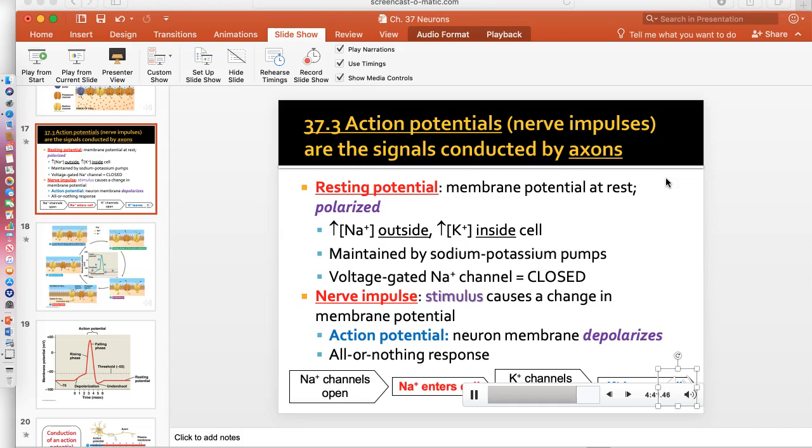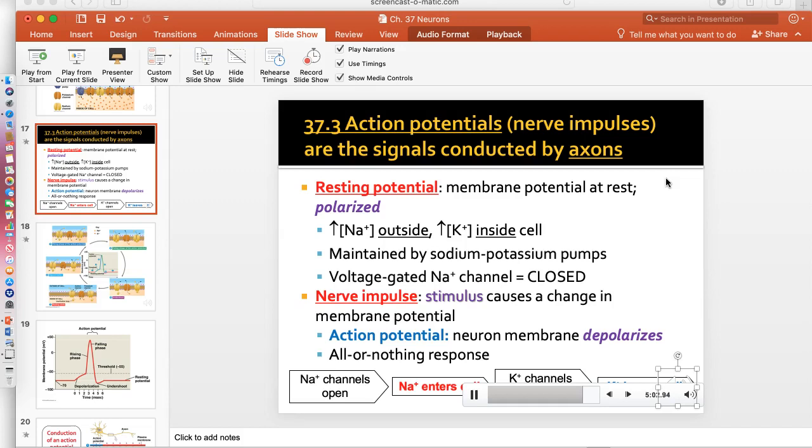If you're getting more positive from that negative 30 to negative 90, there's a reduction in membrane potential when the sodium channel opens up. That has a name, which I think is on the next slide. It's called depolarization. So please make sure you know that.